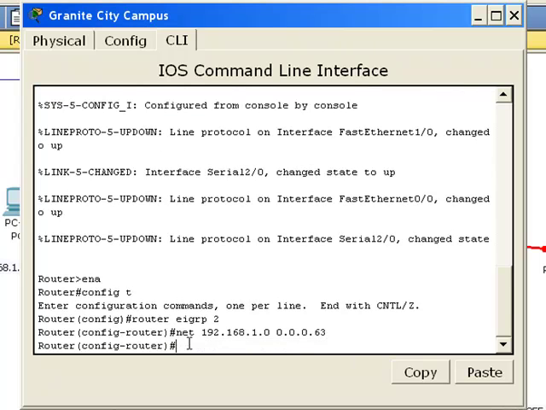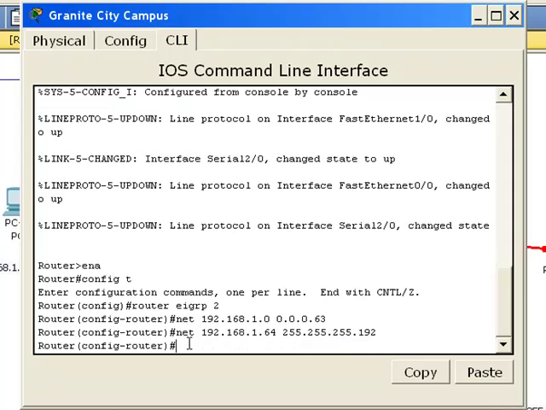Now again, why they chose the wildcard mask or the subnet mask, I don't know. But one of the nice things about EIGRP is that it is a little more forgiving. So if I made a mistake and I did put in the subnet mask, it actually takes it. So I got that going for me, huh?